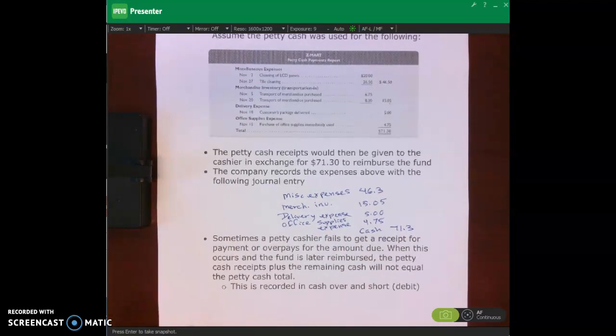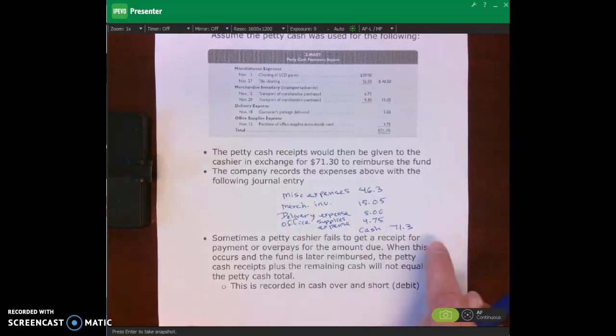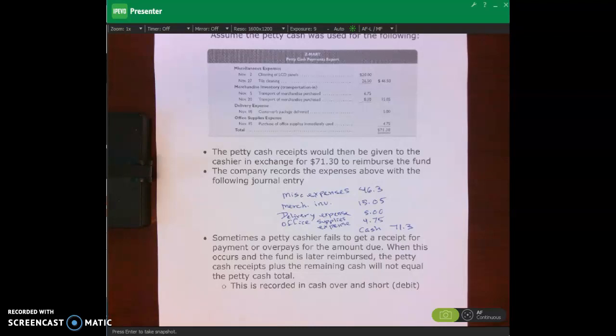Now, what would happen is that the petty cash payments report and all receipts are given to the cashier in this scenario for $71.30 to reimburse that petty cash fund. The cashier cashes the check and puts $71.30 in the physical cash box.